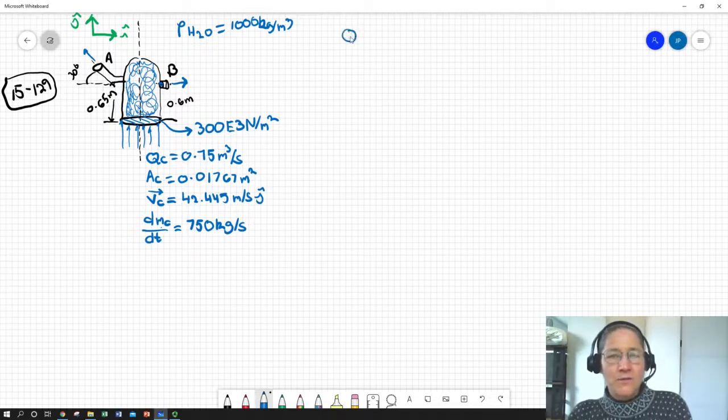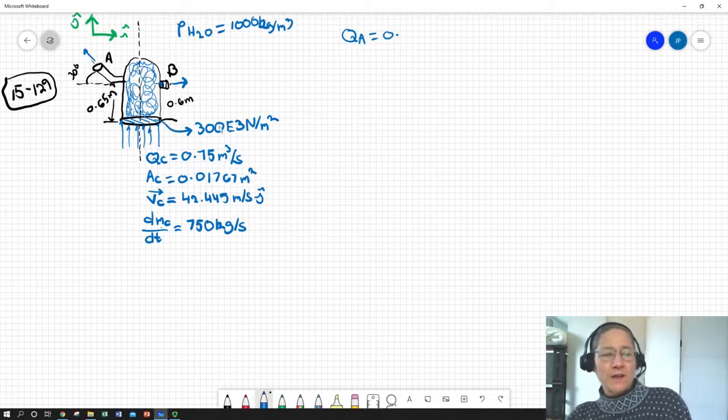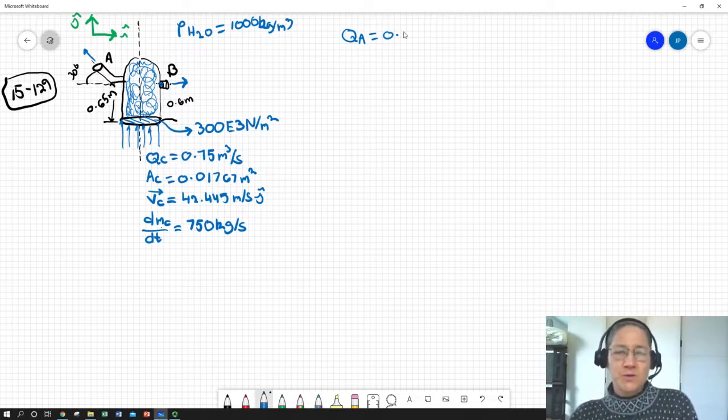We're told that the flow coming in splits evenly between A and B, so we can divide our 0.75 cubic meters per second in half, and so at A we've got Q_A = 0.375 cubic meters per second.